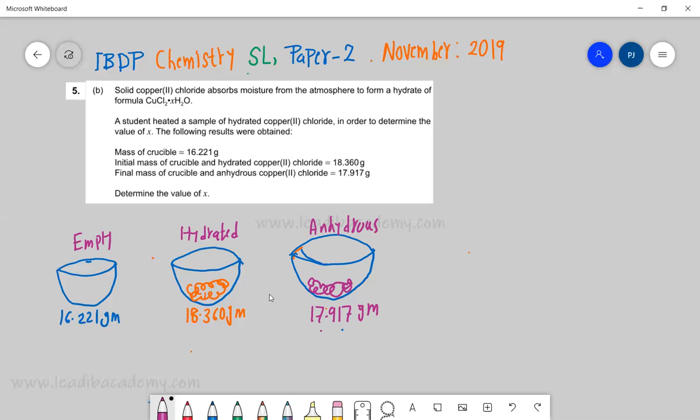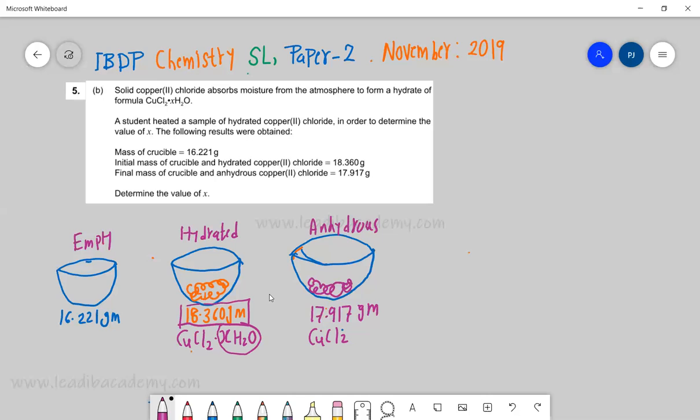Now understand that this includes CuCl2.xH2O, while in this case it is only CuCl2. Why? Because now the water has been driven out. When we heat, the water which is attached, that is xH2O, leaves. It gets removed, and whatever is left over is this.